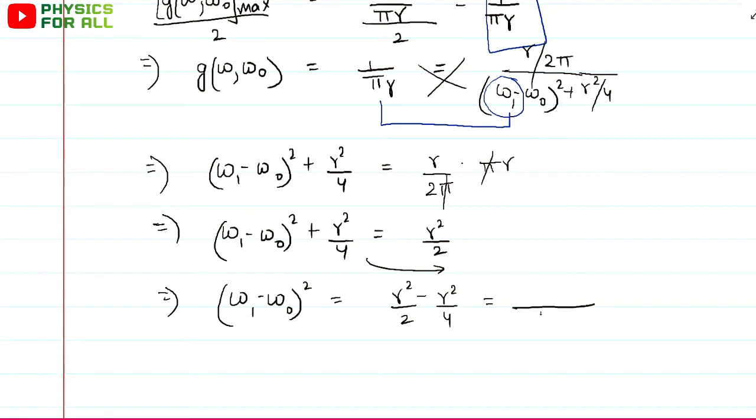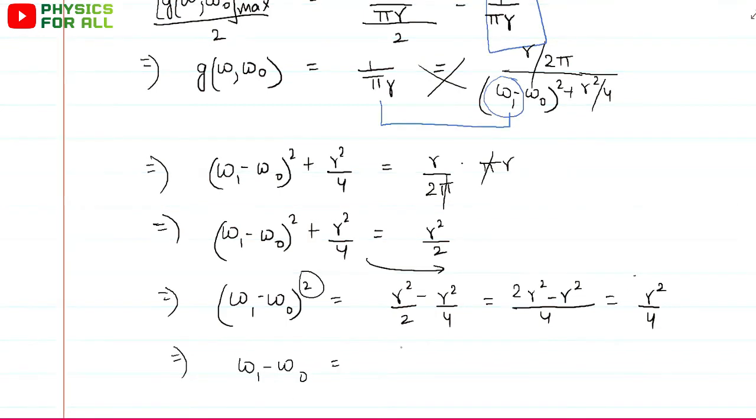On taking the LCM, we get 2 gamma square minus gamma square, which is gamma square by 4. Now this is a squared quantity. So if we have to take the square root, then this would be plus minus gamma by 2.